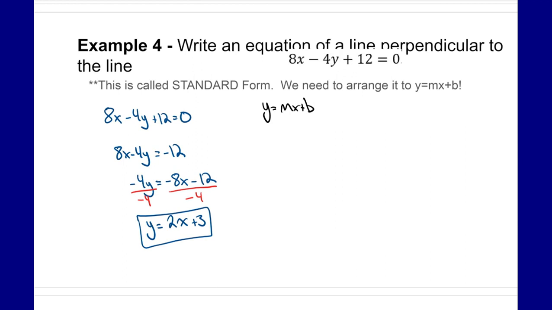The reason we need to write it in this form is because now it's really easy to figure out what my slope is. By looking at this, I can see that the m value, or the slope, is 2. If I want something that's perpendicular, I'll do this in purple.